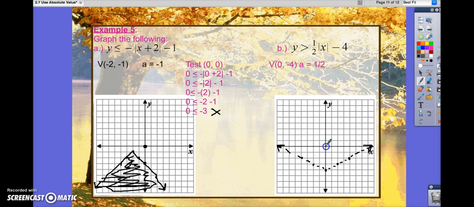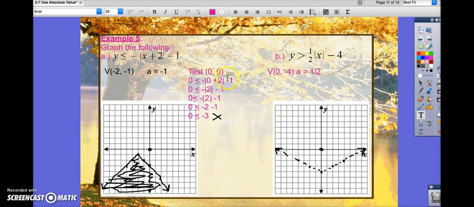So plot 0, 0 this time. If 0, 0 is true, we shade this whole inner part. If it's false, we shade the outer part. Let's see our check. We can test 0, 0 because it's not on the graph. So 0 greater than 1/2 times the absolute value of 0 minus 4.